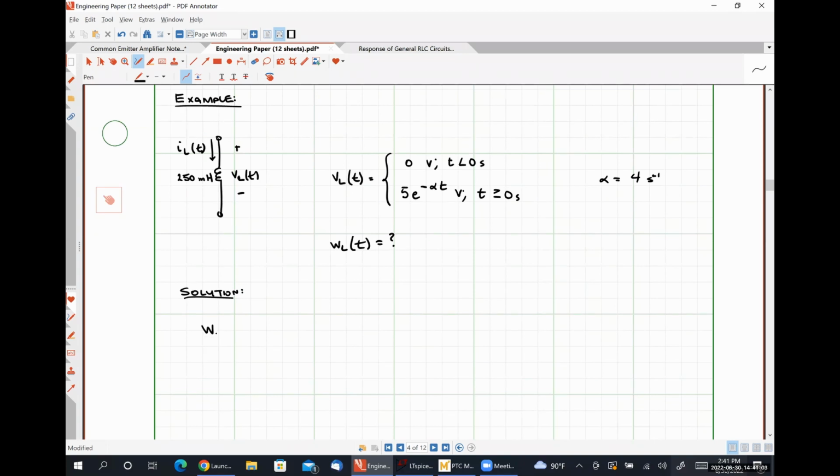So we know from equation 4 that the energy stored by an inductor is 1/2 L times the square of the inductor current. 1/2 is a constant. L was given to us, but we don't know what IL is.